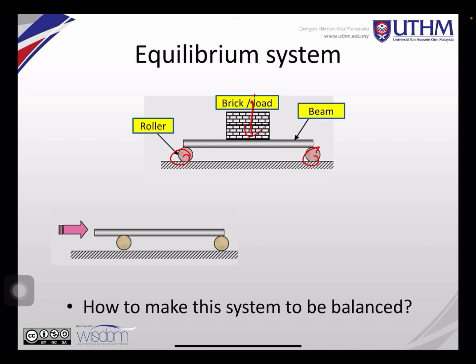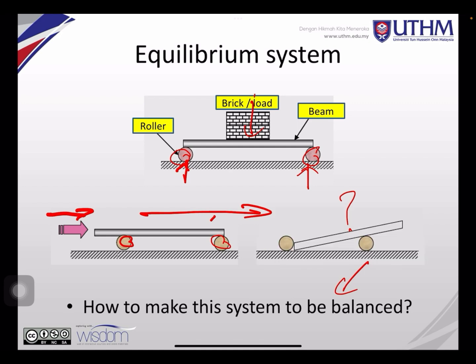When you apply the load like this and you have only a roller support in the y direction, will it be in equilibrium? How do we make this system balanced? Imagine you put a plate on two rods. When you push from the left, it will move towards here. It will not stay static. So this is not in equilibrium.